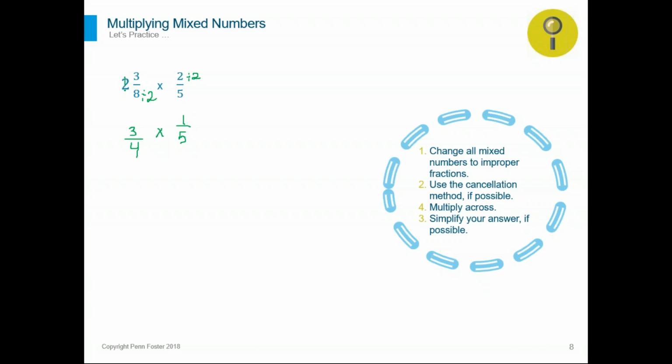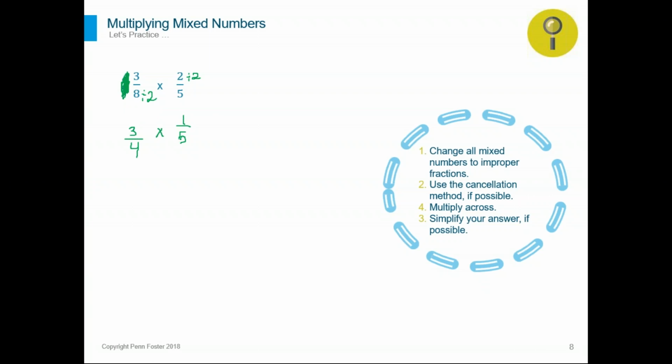If I just take away that 2 for now, just to make it simpler, that would be helpful. So I have 3 over 8 multiplied times 2 over 5. I want to simplify my problem first. Divide over 2, rewrite the problem, 3 over 4 times 1 over 5.